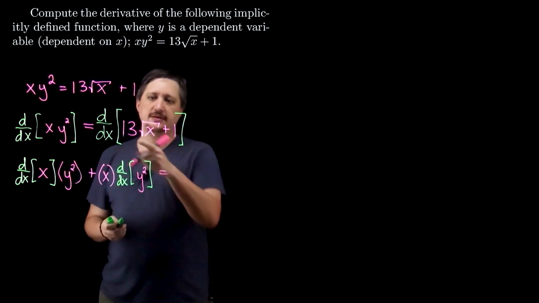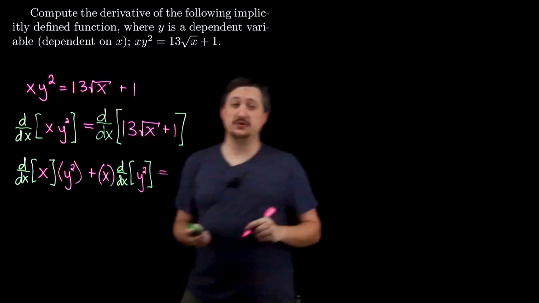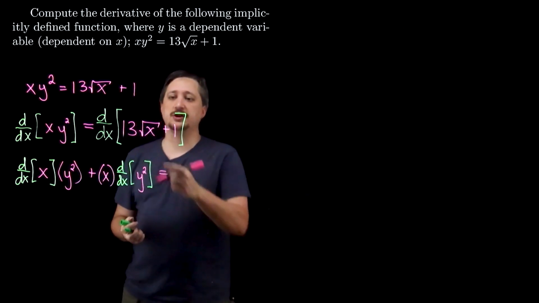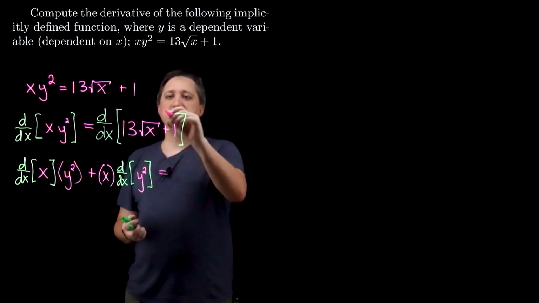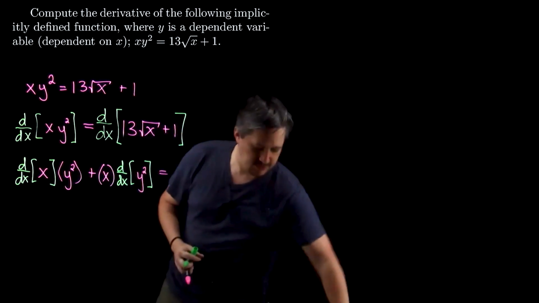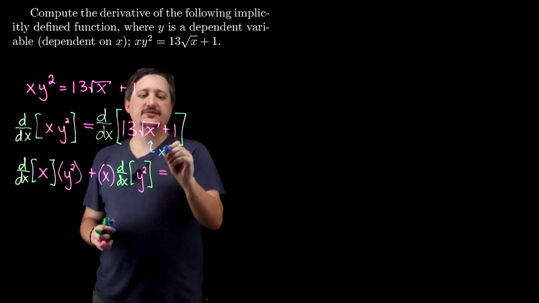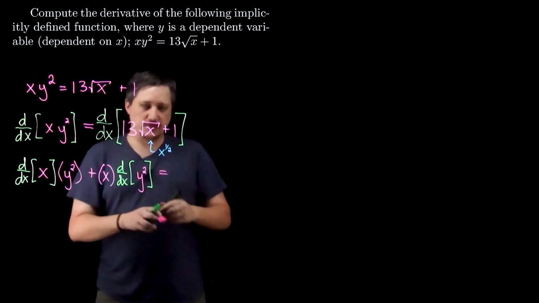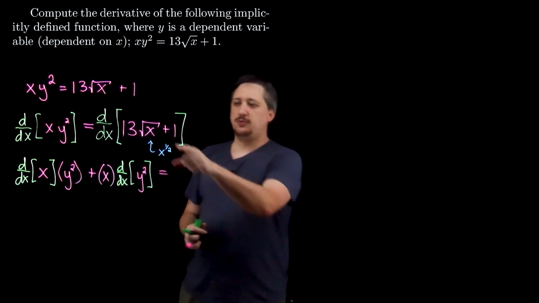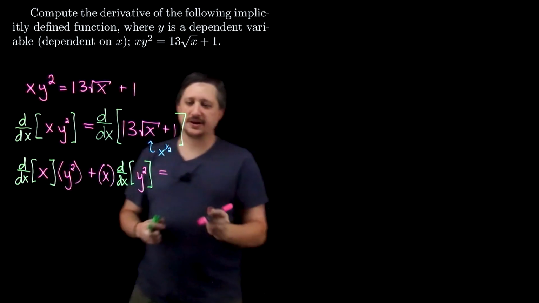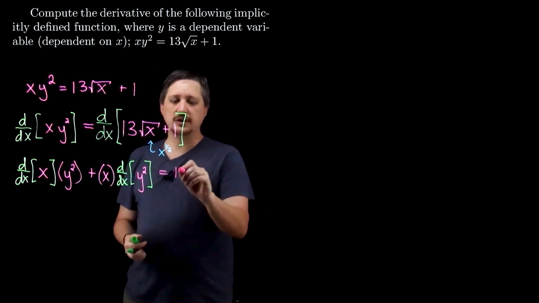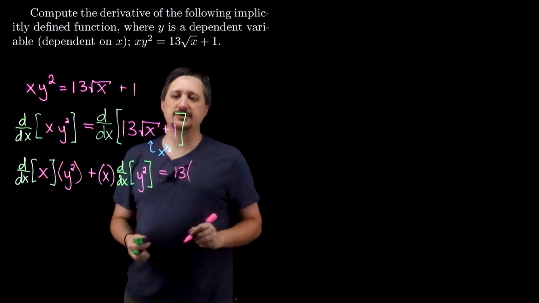Then this side is all just x, so I can take the derivative straight up. Remember the square root of x, we really want to think of as x to the 1/2. That way when we take the derivative, we can do the 1/2 in front and subtract 1 from the power. The 13 is a constant, it just hangs out there.